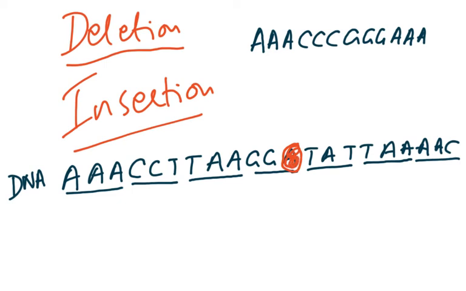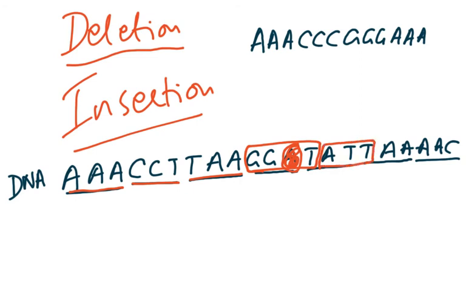Now you see how this is going to change the DNA format. Before this of course everything remains the same, like AAA is fine, CCT is fine, TAA is fine, but here you had GG something else. Now it will become GGT, and this was TAT, but now it will become ATT.